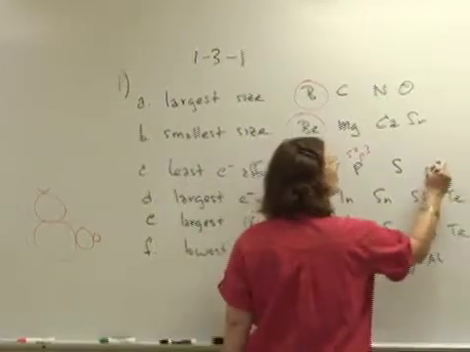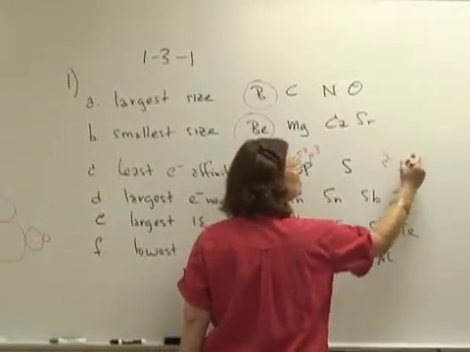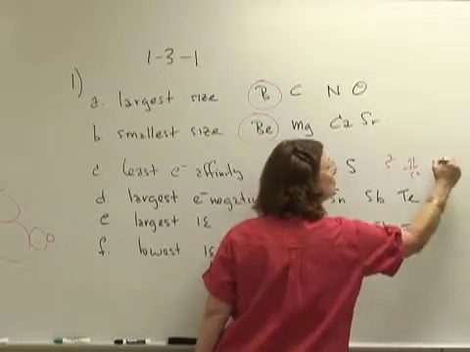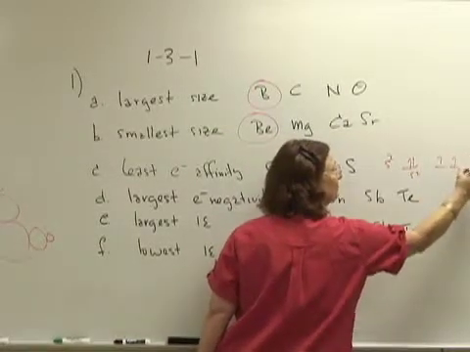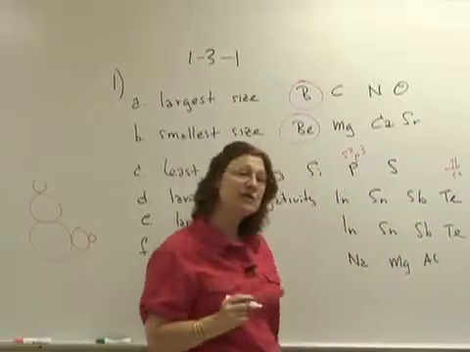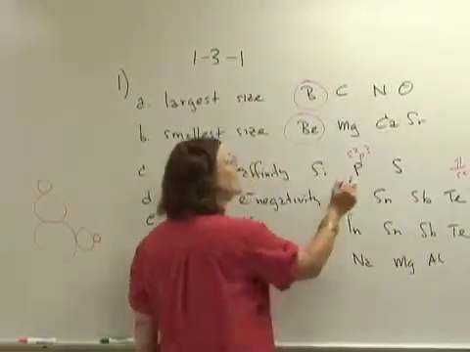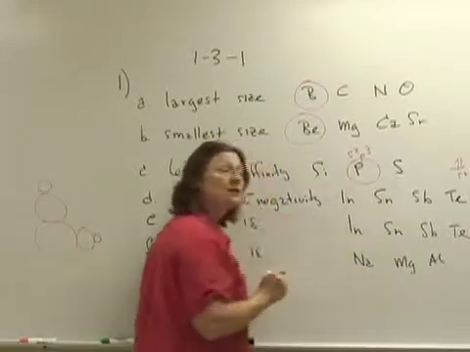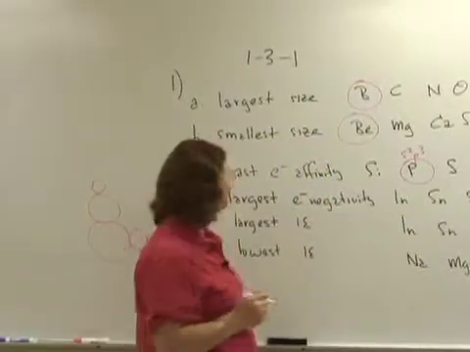We have 2 electrons in the s orbital and 1 in each one of the p's. And therefore this is a very low energy arrangement and has the least amount of attraction for another electron.